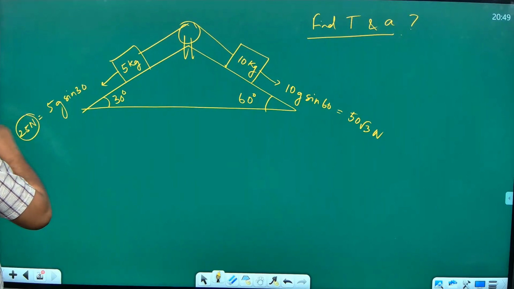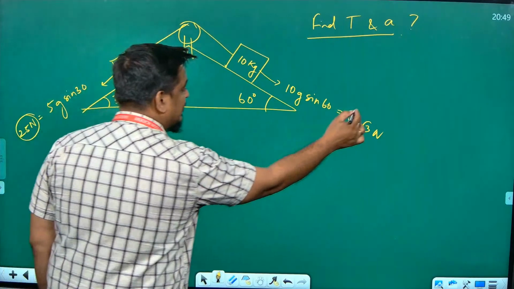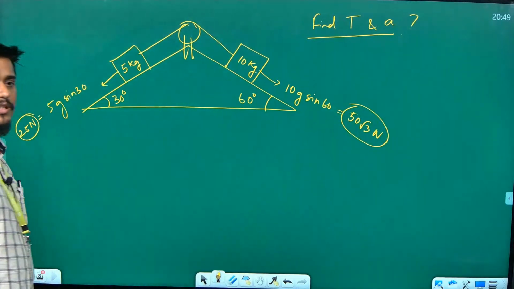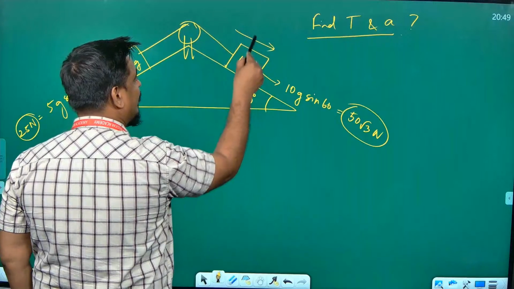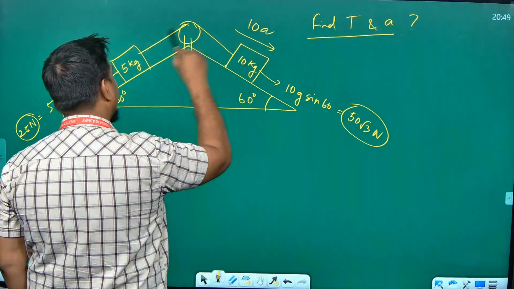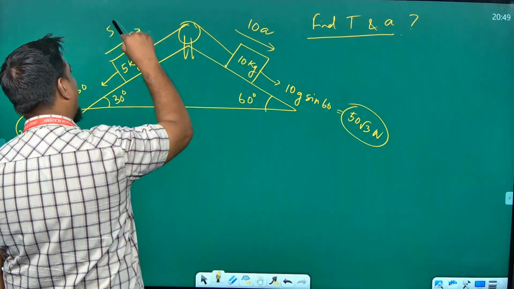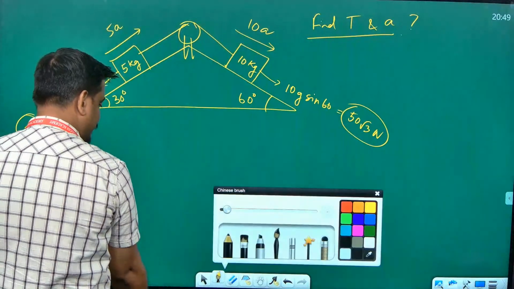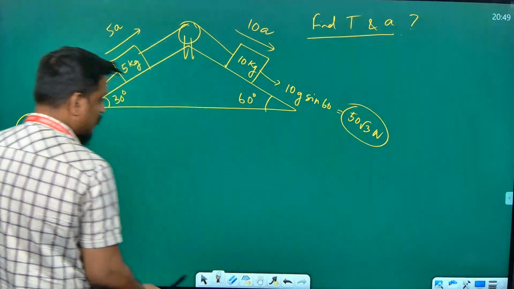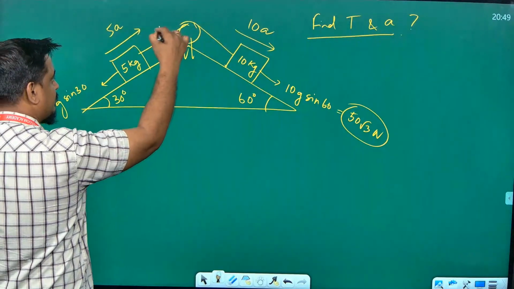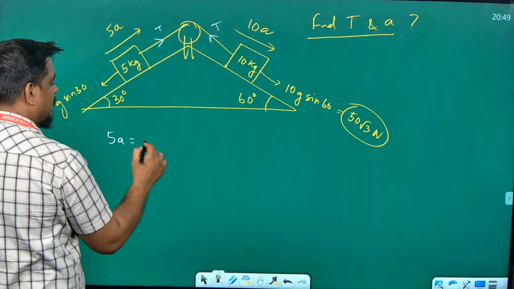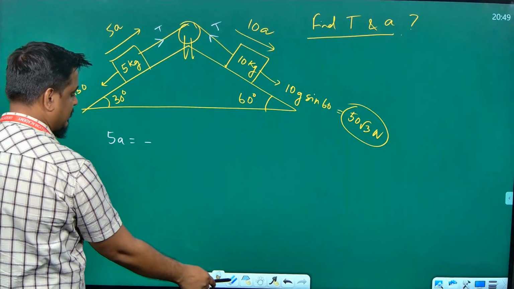So this side I am going to have 25 Newton force, this side I am going to have 50 root 3 Newton force, that will be bigger obviously. So the equation will form like, this side you will have 10a and this side I will have 5a. So I am going to have the equation like 5a is equal to T minus what?